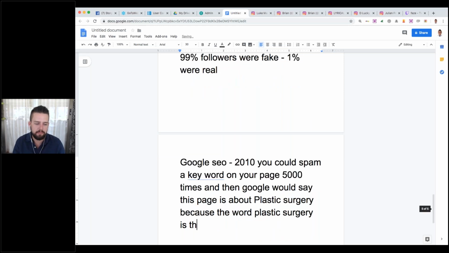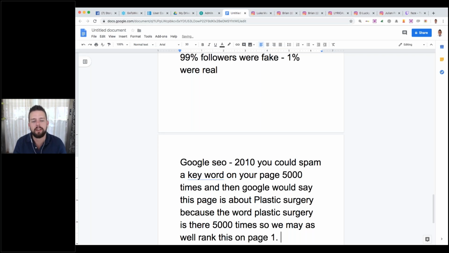So essentially we may as well rank this on page 1. That's how the old algorithms work.